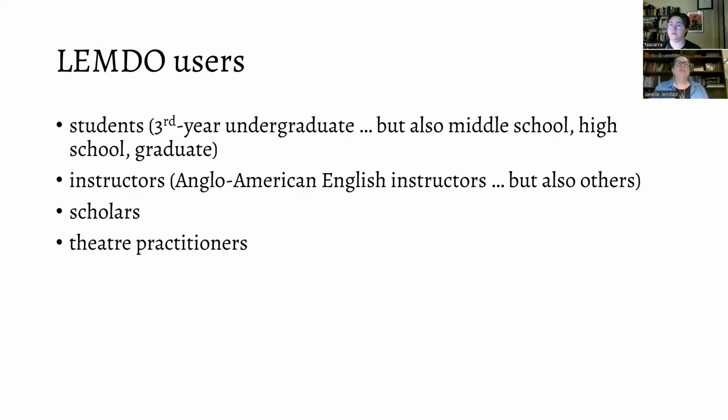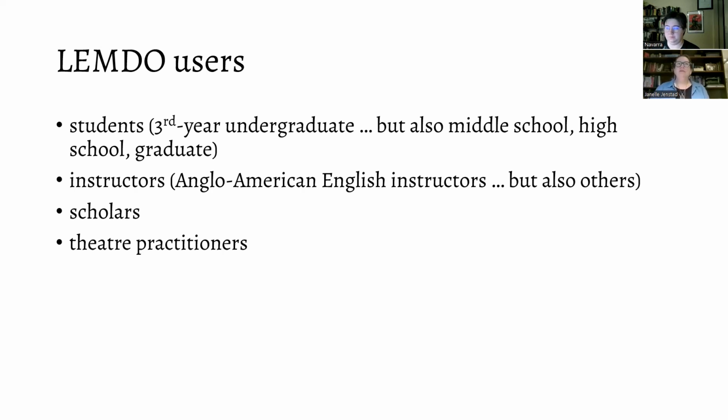We are thinking about instructors in the global South. What kinds of devices are they going to be working on? What kind of network bandwidth will they have? We at LEMDO are thinking about those things, but you as editors can be thinking about what they might need. So there are some terms that may need a gloss because they might not be known outside the Anglo-American English tradition.